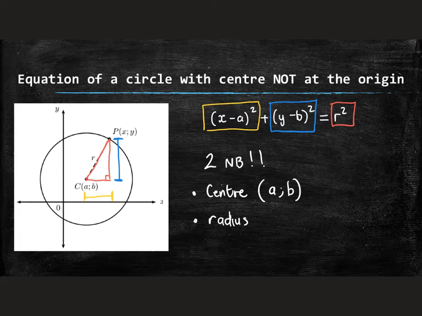And in this case, the radius would be the square root of r². So when we're looking at this, it's important to look here, here, and here. These two tell us where we are, where is the center, and this one tells us how big we are, the radius. You must work in this form for it to be a proper circle and for us to be able to confirm we know the center and the radius.